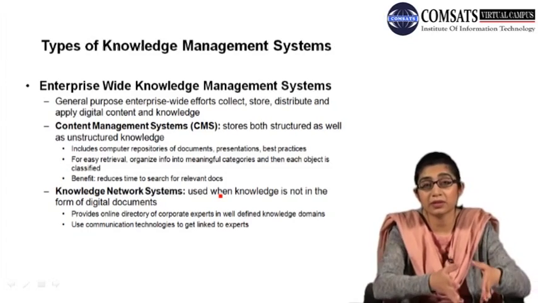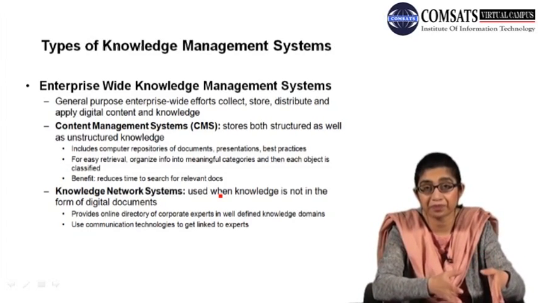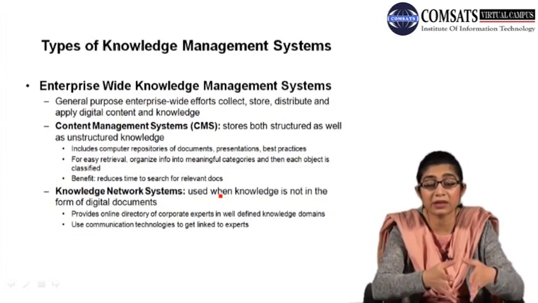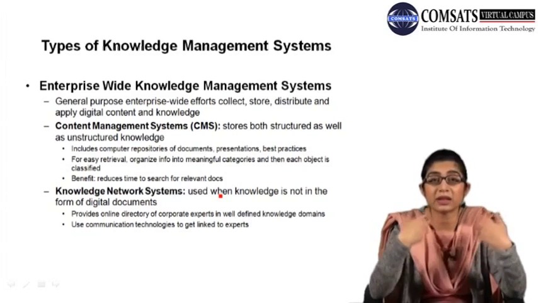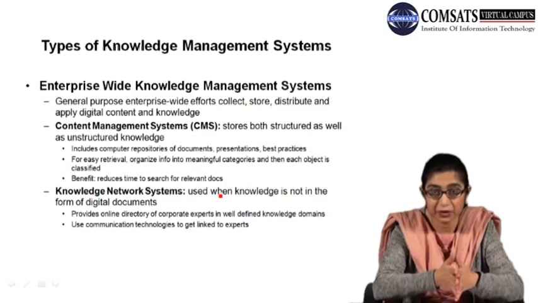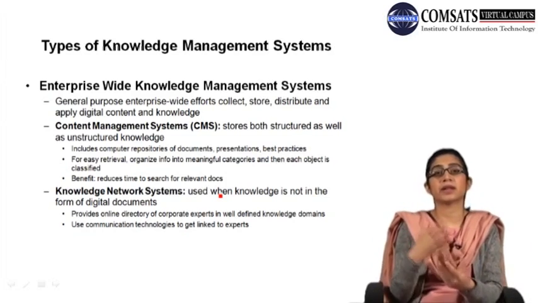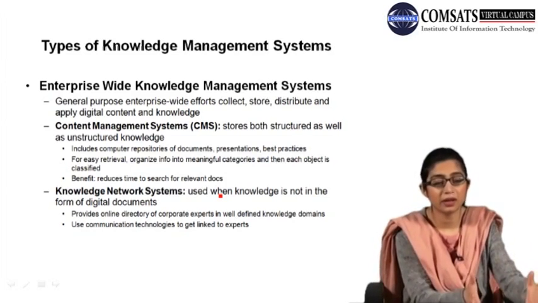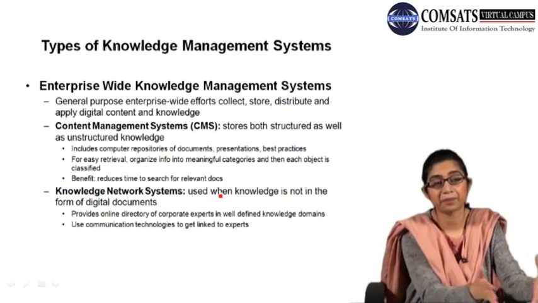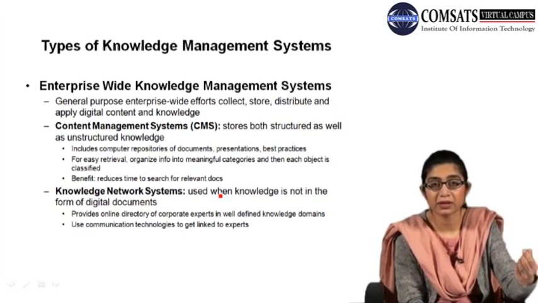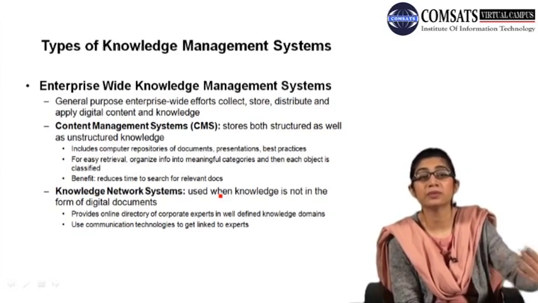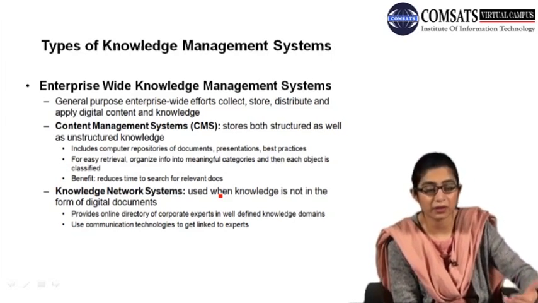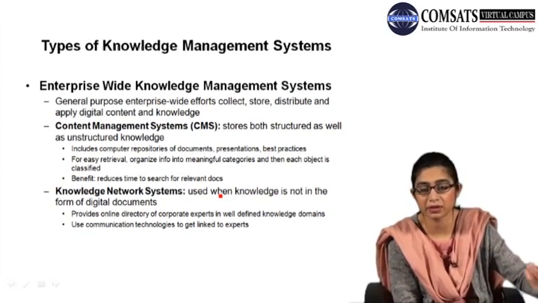Data or information is organized into meaningful categories, and then each object is classified into that category. So basically we use a term, tag. If a certain item in the database is tagged by a certain classification, then it becomes easier for the user to retrieve any kind of information related to a certain tag.